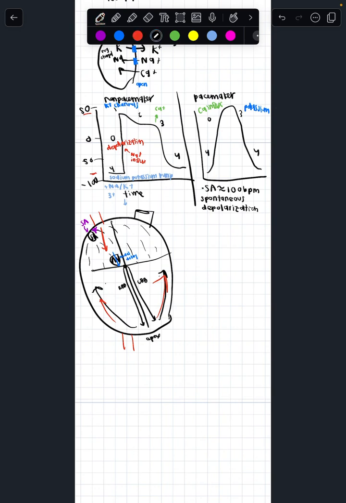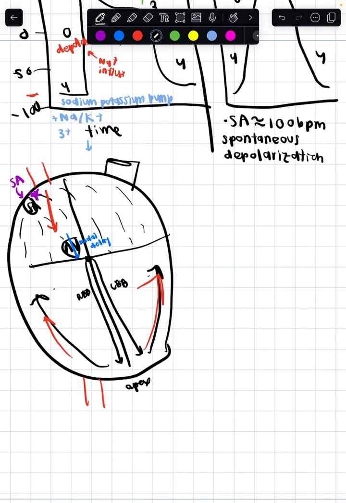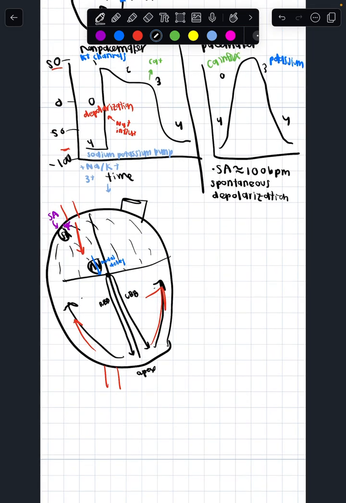And one thing we can actually use to look at this depolarization is something called an EKG. I won't get too much into that, but it's worth mentioning. It's called an electrocardiogram, so it could be EKG or ECG depending on if you're using the American or German spelling. It just allows you to trace the depolarization. So this is our P wave, our QRS complex, and this is a T wave.